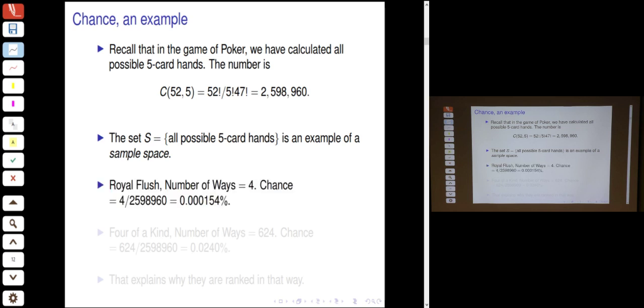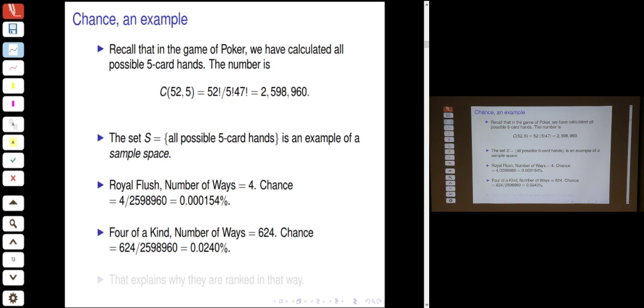We look at some subsets of these hands. They have special names, like royal flush, where the number of ways is 4, so the chance you get a royal flush is 4 out of the total number. This is an extremely small probability.